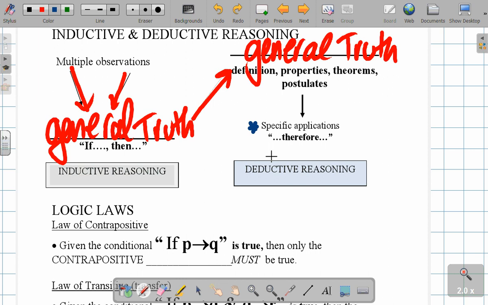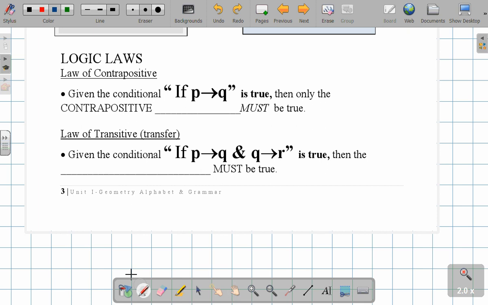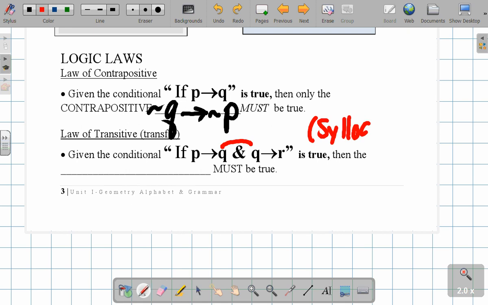Okay, there were two other logic laws from last night. If you have a conditional, if P, then Q. You guys hear this one all the time. It's called the law of transitive, also known as a syllogism.